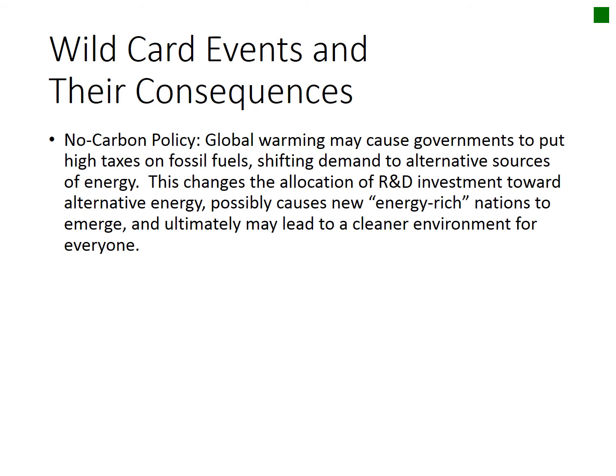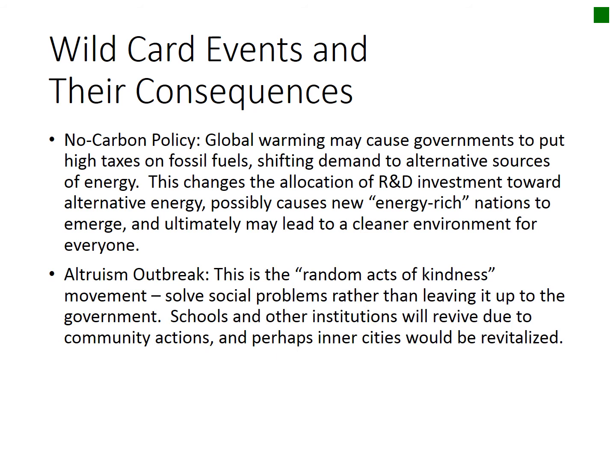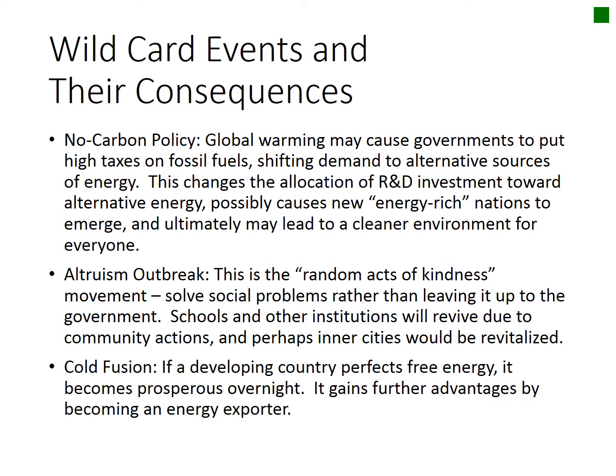So what would we do to solve people's problems in that event? Other random acts, like altruism breakouts, where people behave socially very differently or in an unexpected way, could also happen.